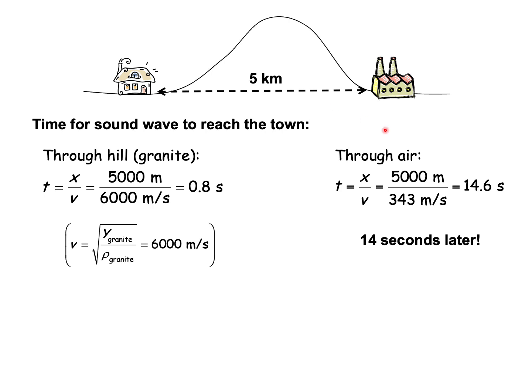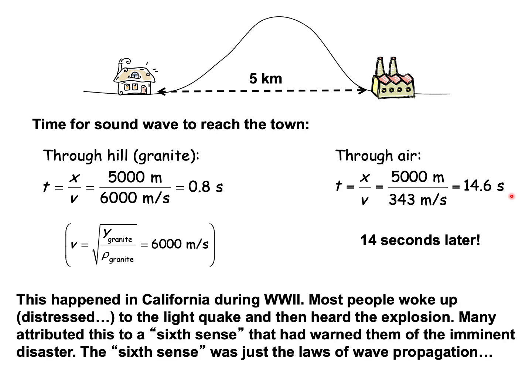The sound traveling through air, on the other hand, the speed of sound in air is only 343 meters per second. And so to traverse 5 kilometers, and in fact it probably even has to go a little further to get sort of around the hill, the sound would take at least 14.6 seconds to reach the house. This actually happened in California during World War II, where there was a munitions factory that blew up overnight.